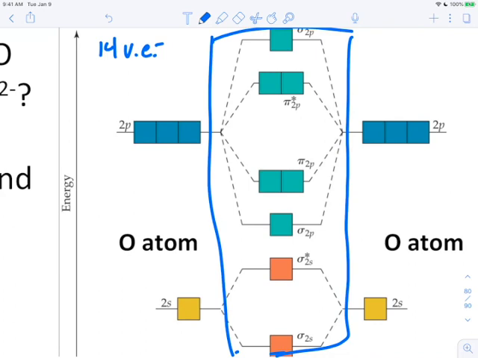All right, you're a little ahead of us, Dervin, but good work. So when you guys do finish this, feel free to go ahead and do your bond order.